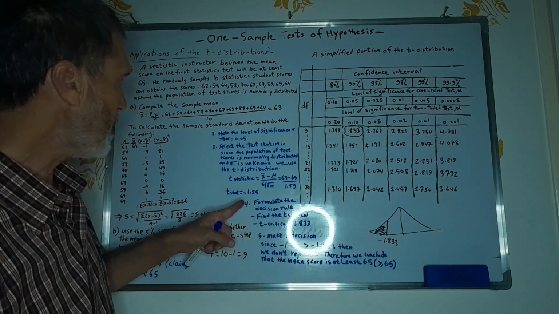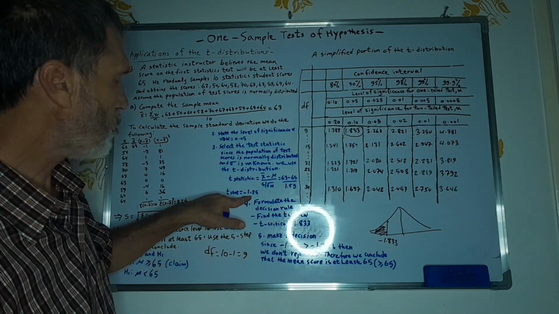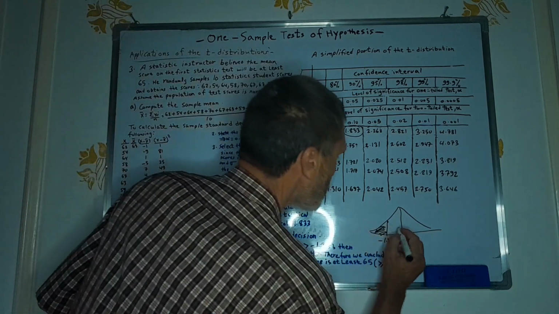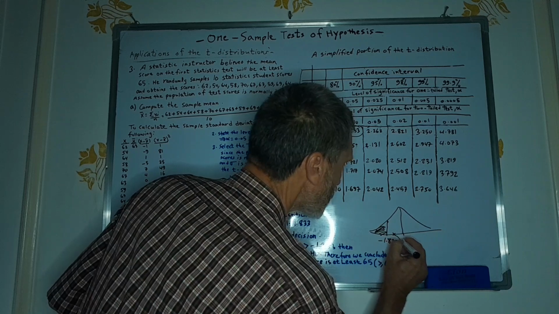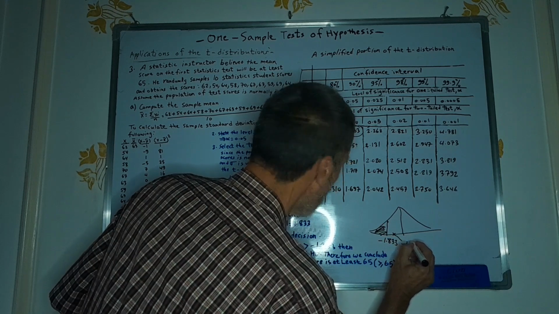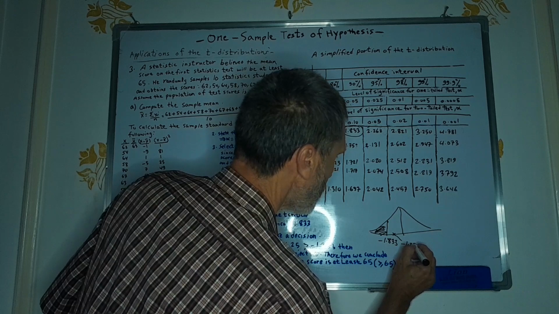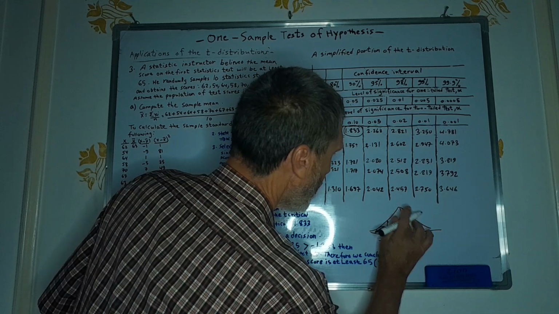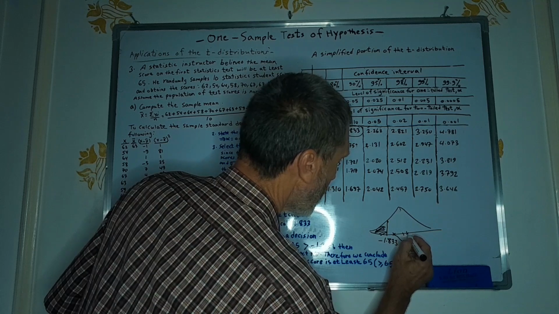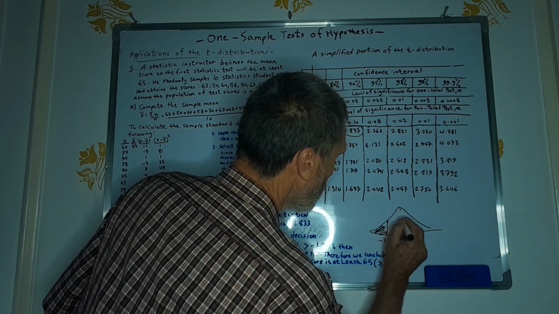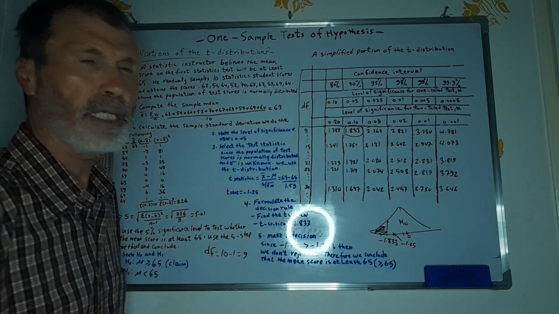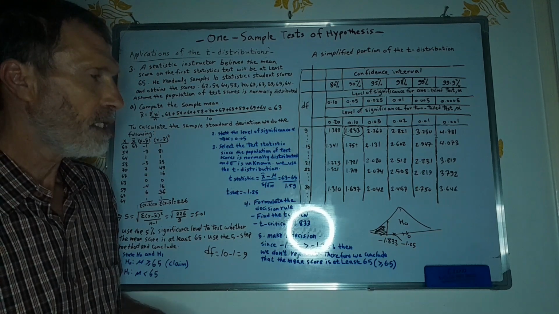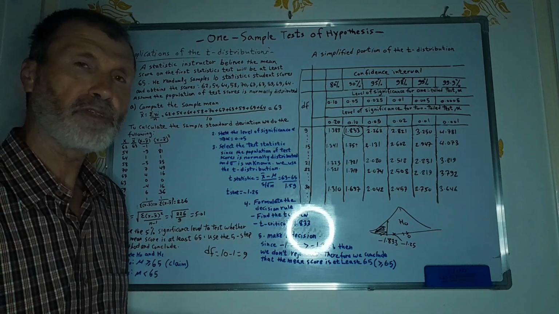The t statistic is minus 1.25, which is over here. So it is in the acceptance region of the null hypothesis.